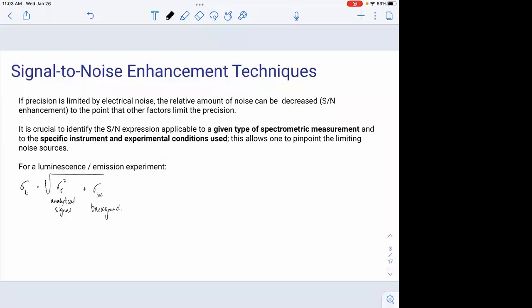If we think noise is coming from the analytical signal, a couple of sources of noise there would be, one example, shot noise. So the S is for shot, coming from the analytical signal, so there are two S's there. So shot noise, squared. The other would be flicker noise.